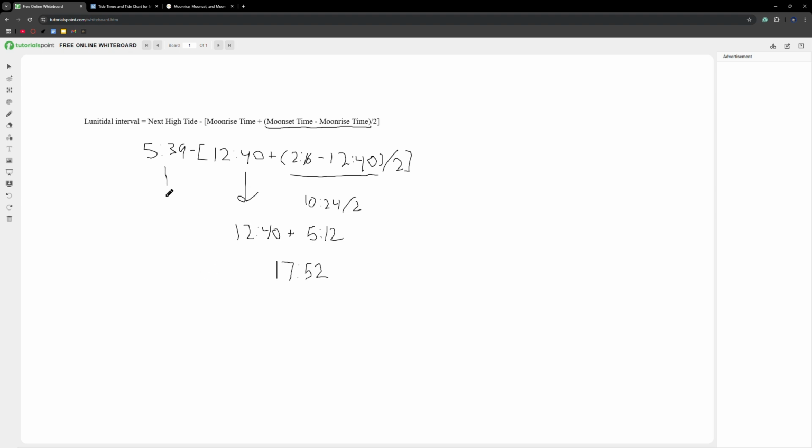And then finally, we're going to bring down the next high tide number, which is 5:39, and we're going to subtract the two numbers.